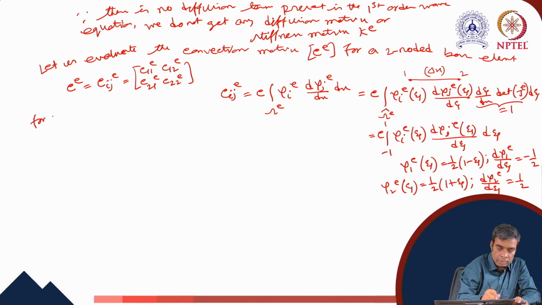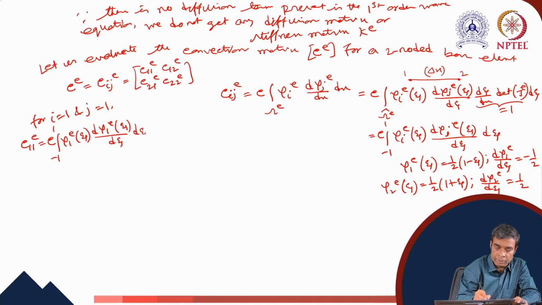So for i equals 1 and j equals 1, we get C11e equals C times the integration from -1 to 1 of psi 1e of xi d psi 1e d xi d xi.